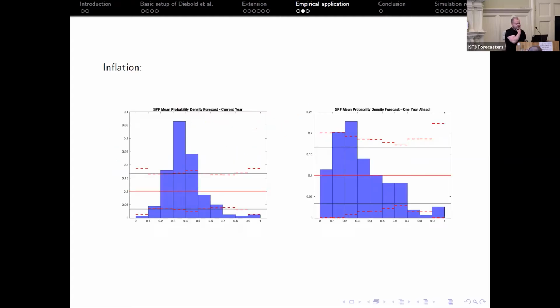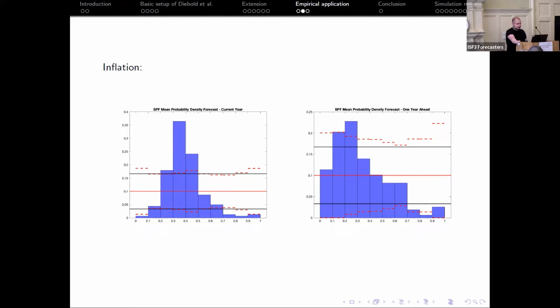Okay, and what we get for inflation are these two figures. On the left, you can see the nowcast, and on the right, you can see the one-step ahead forecast series. And the solid red line, that is our expected value. And the black lines are, again, the Bonferroni bands. And the red dashed lines, these are the bands from our sub-T method.